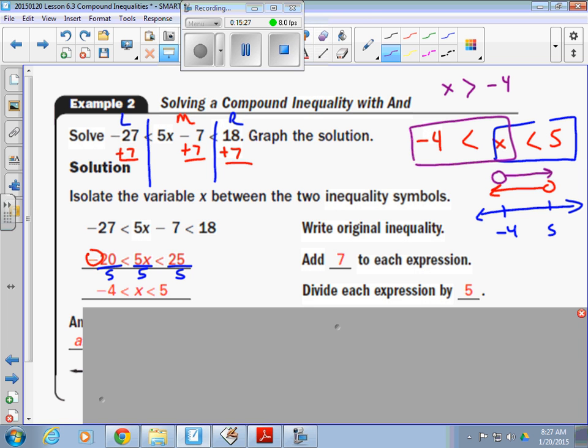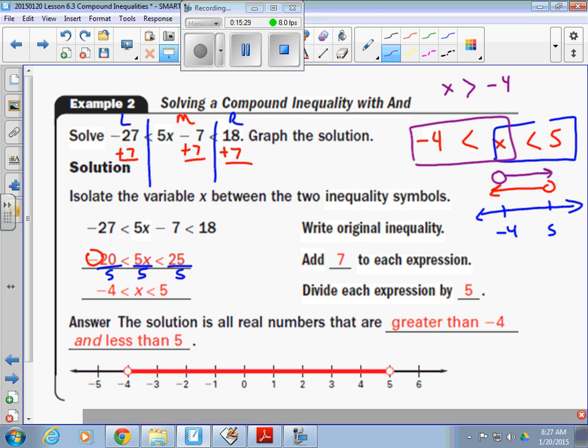So we have a graph that looks like that at the bottom. So the solution is all real numbers that are greater than -4 and it is an and inequality since the variable is in the middle, and less than 5.